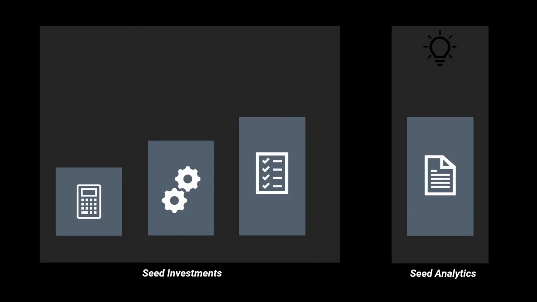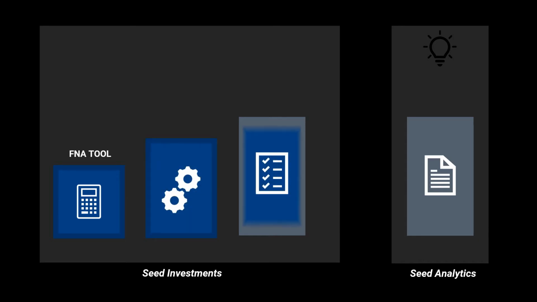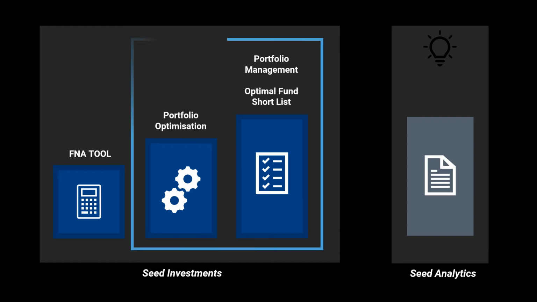We do this by offering a holistic toolset for advisors, and this toolset includes a bespoke financial needs analysis tool, which we also call the Seed FNA Tool, portfolio optimization and portfolio management. The shortlist falls under portfolio management, and also consolidated investment reporting.